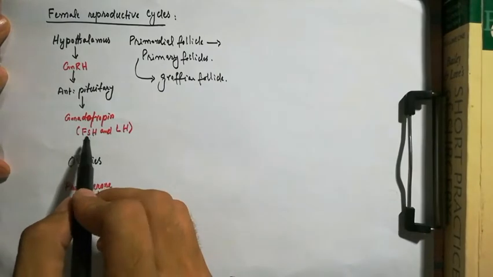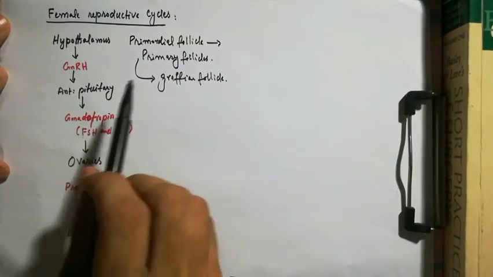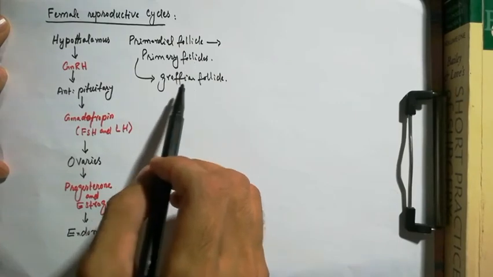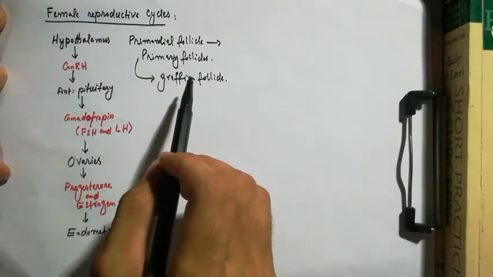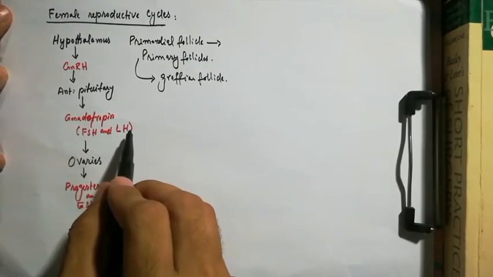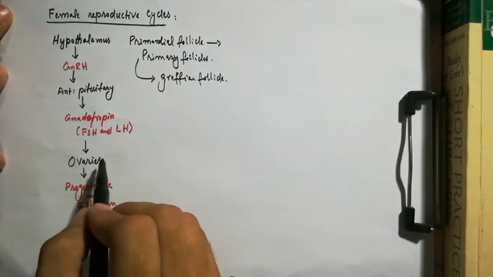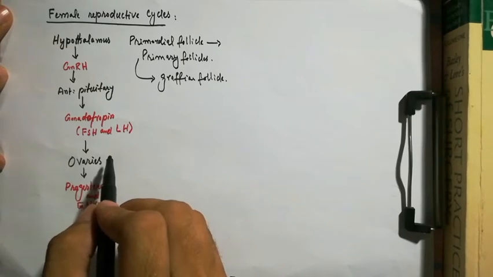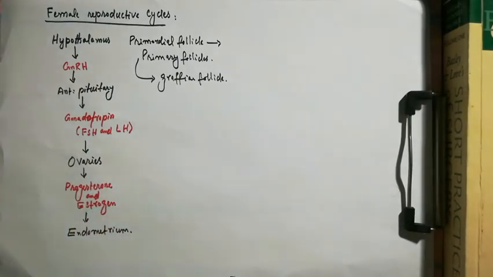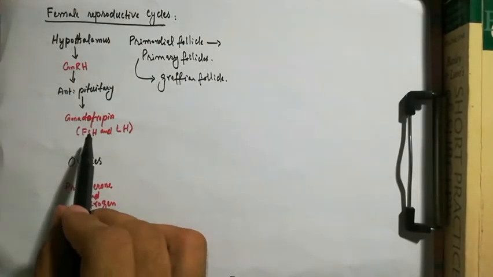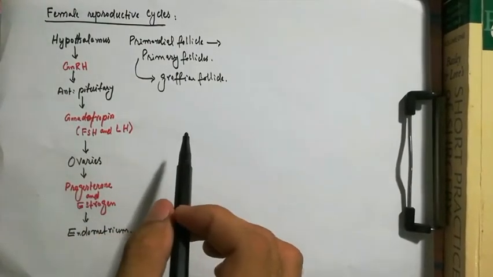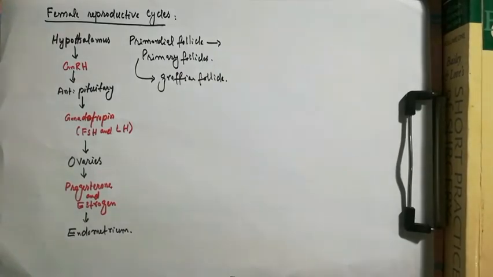So, in absence of follicle stimulating hormone, primary follicles will be formed, but Graafian follicles will not be formed. And luteinizing hormone triggers the process of ovulation and stimulates the corpus luteum to secrete progesterone. FSH also stimulates granulosa cells of ovarian follicles to secrete estrogen.